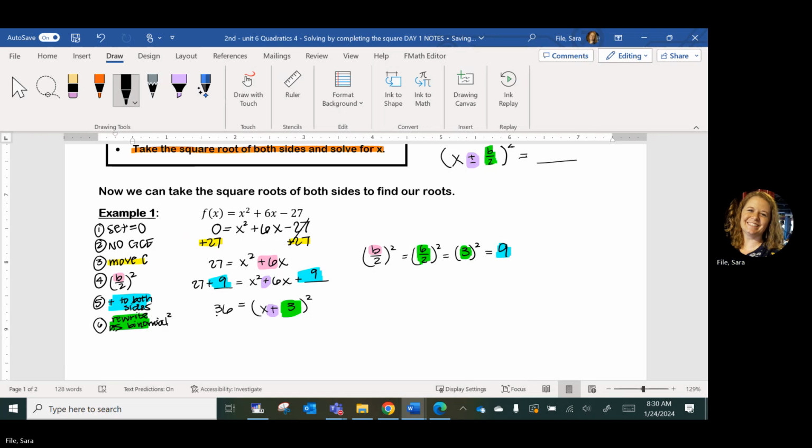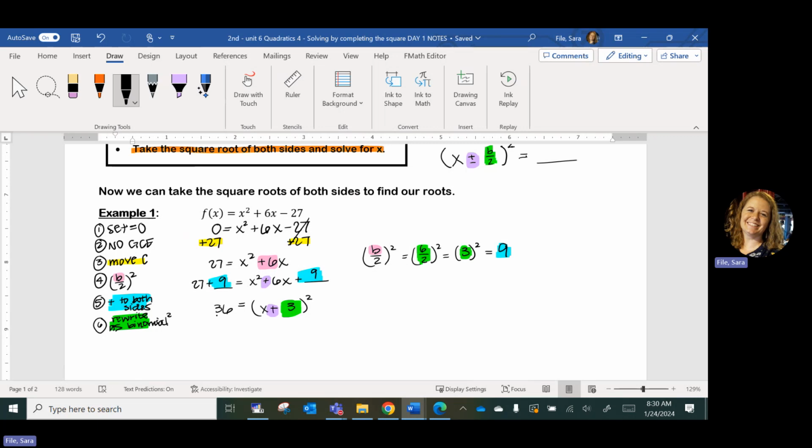That is the completing the square process. I am done completing the square. I took a trinomial and I created a perfect square binomial. I went from standard form to what is called vertex form, which we'll get into a little later when we are doing more with quadratics.